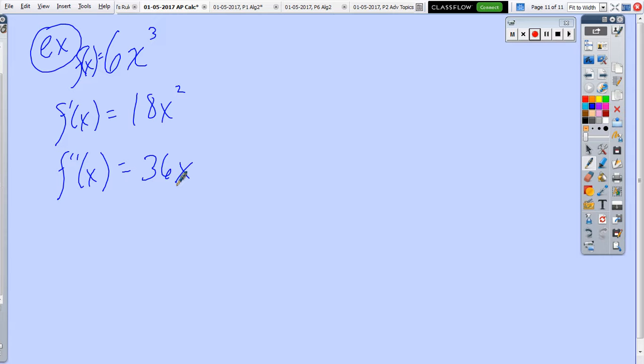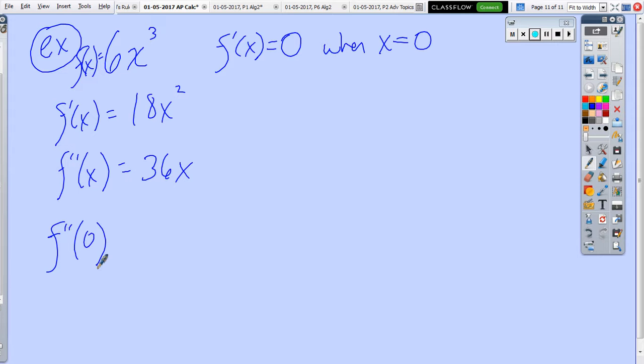Now, where is this equal to 0? So f prime of x is equal to 0 when x equals 0. Okay, so f double prime of 0 is equal to 0.